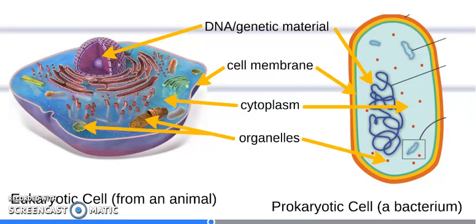Like I said, it looks a little different, but it is functioning in the same manner. And each of them have organelles, and organelles help the cell function the way it's supposed to in that particular part of the body, or in a bacteria's case, it just helps it live.